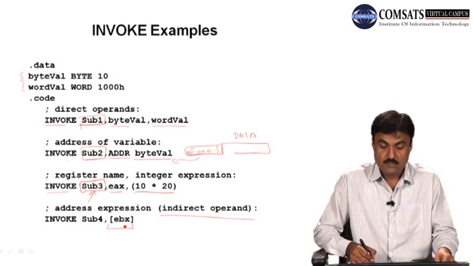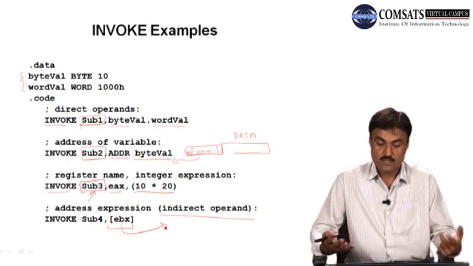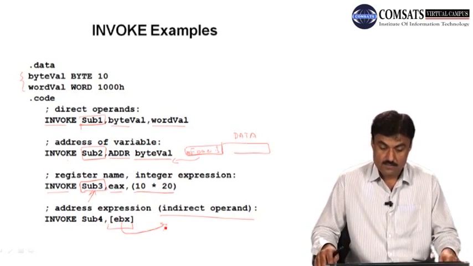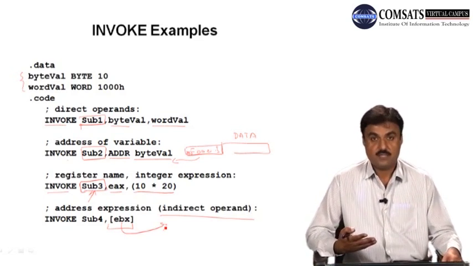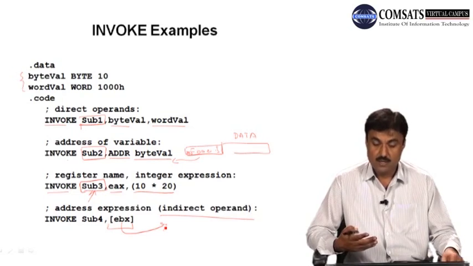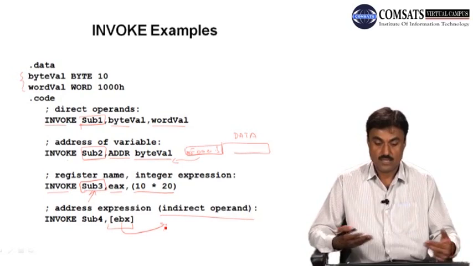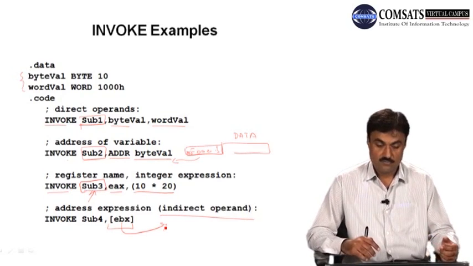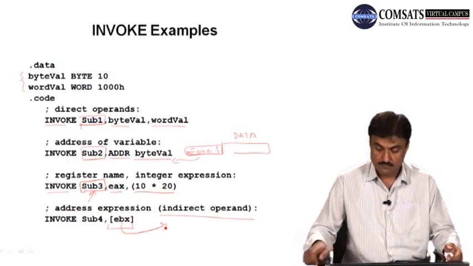This EBX has an address, and that address is pointing somewhere else. So this is an address expression. We are actually passing the register value, but this register value already has some address. So this type of operand can be passed inside the subroutine.